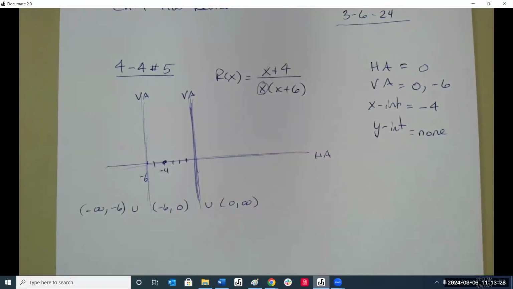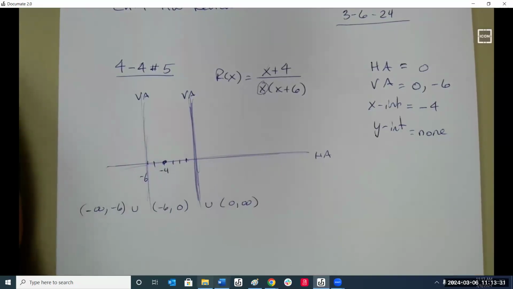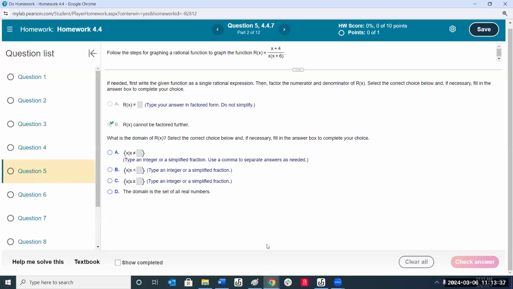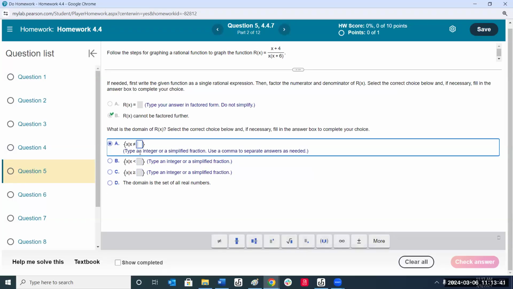Very good. But let's see how the computer wants it written. So basically, it's easier for us to put that x cannot equal -6 or 0.